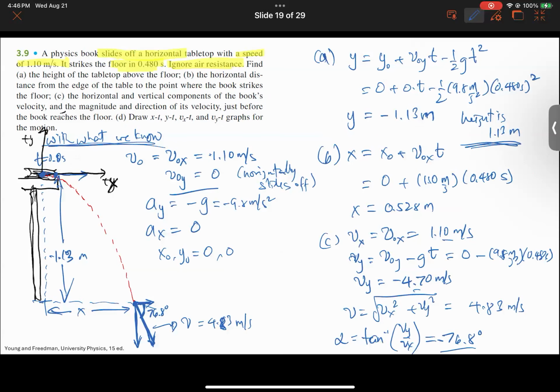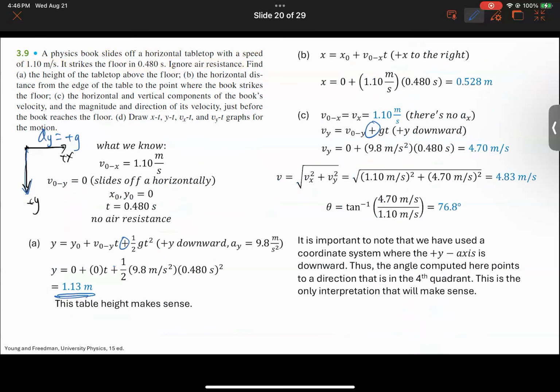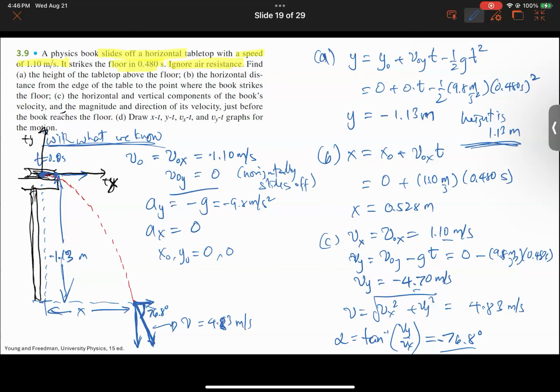Dito, okay, pinili natin direction is paakyat, yung positive y. So negative yung nakuha nating sagot. Just because we chose a different axis. Okay, dito naman sa letter B, hindi nagmamatter kasi pareho namang towards the right yung x-axis dito, tsaka dito.